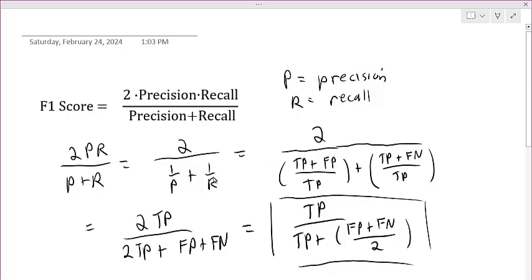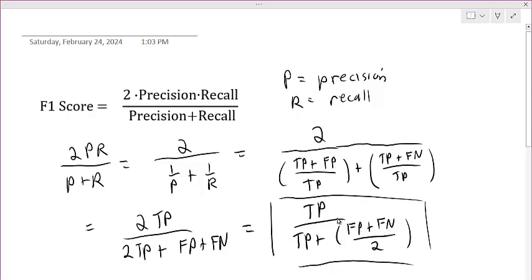So 1 over P plus 1 over R both have the same TP in the numerator. I can combine this fraction in this way. I multiply the top and the bottom by TP, and you end up with this expression. So the F1 score is actually this expression in terms of true positive, false positive, and false negative. And you see what's going on here.